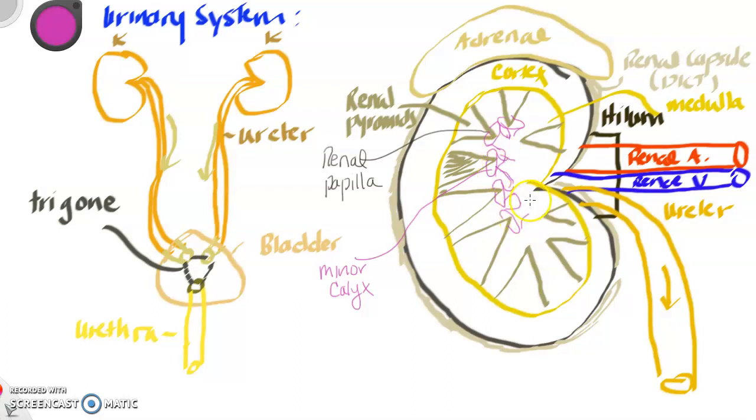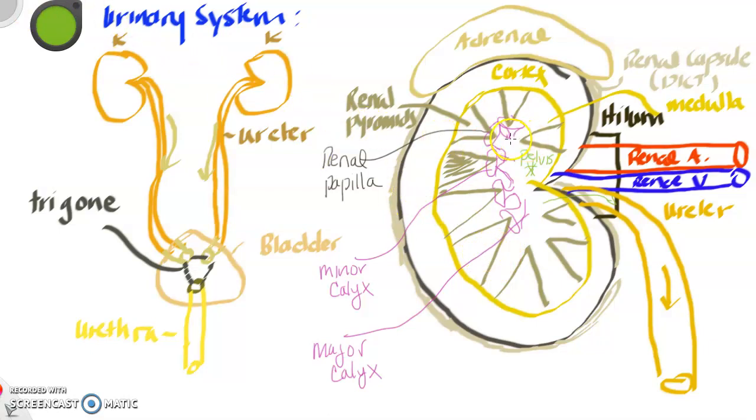So the areas right next to around where they connect are called major calyces, or a major calyx. The major calyx or calyces combine to become this area here. And this area here is called the pelvis. And that's where urine collects and exits through the ureter down to the bladder.